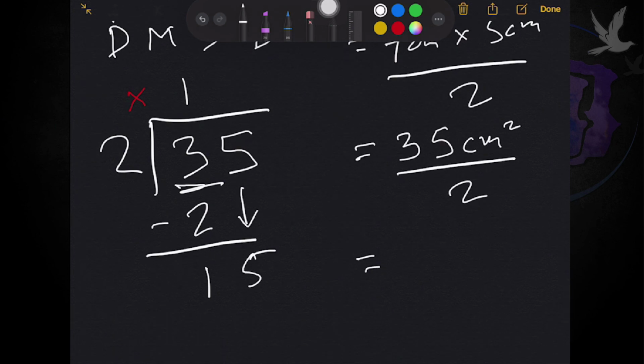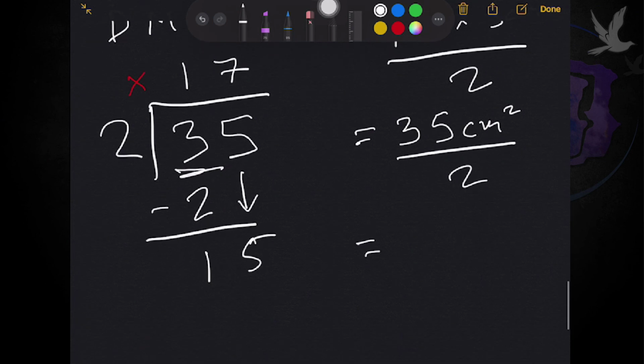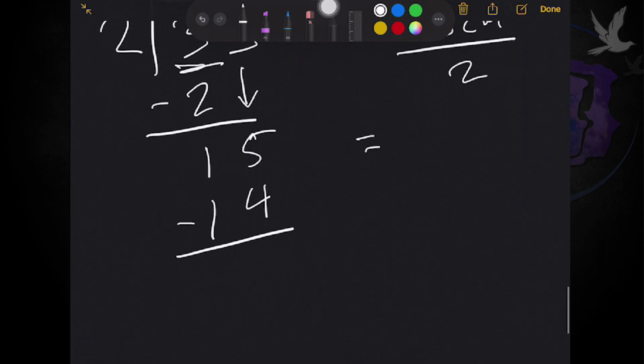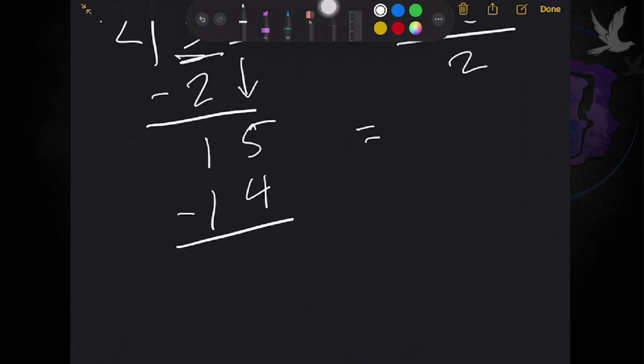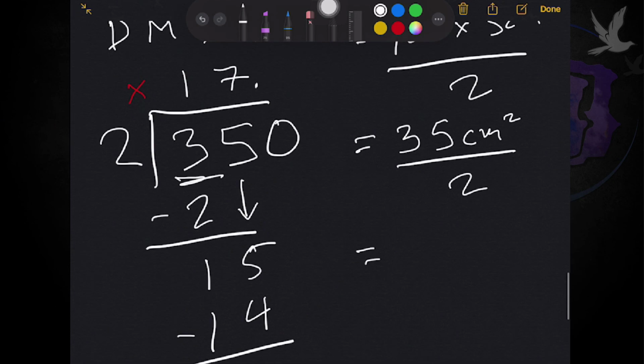15 divided by 2 will give you 7. 7 times 2 will give you 14. And in this type of mathematics, you're no longer a preschooler or lower grade. You don't deal with remainders here. So if possible, proceed by adding a 0. The first 0 added will give us a decimal point in our quotient.